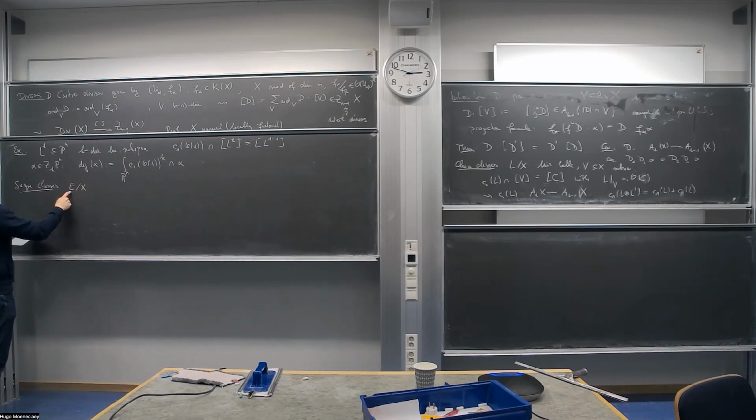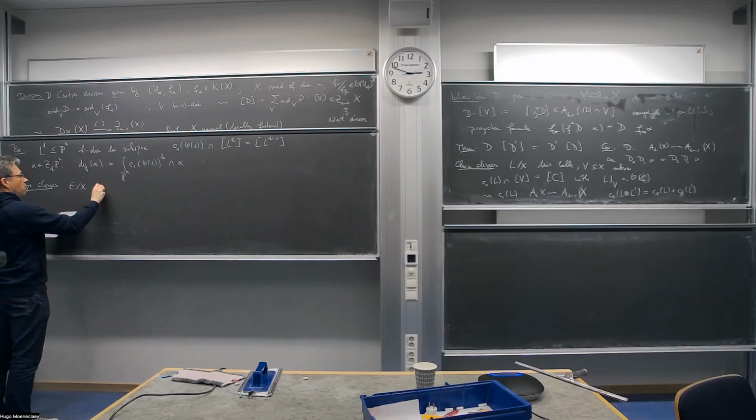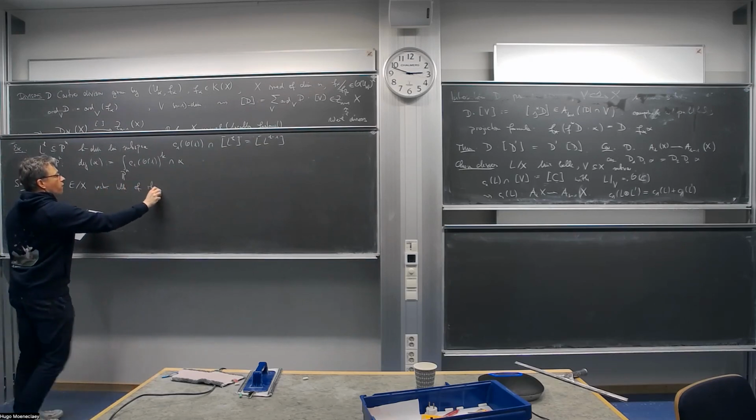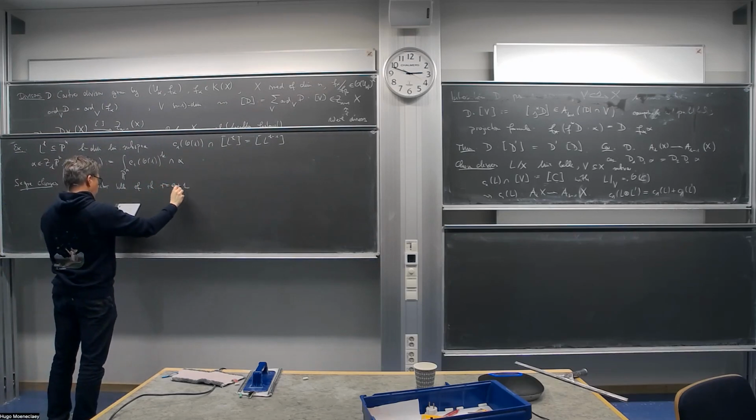So we have a vector bundle E over X, a vector bundle of rank r+1.